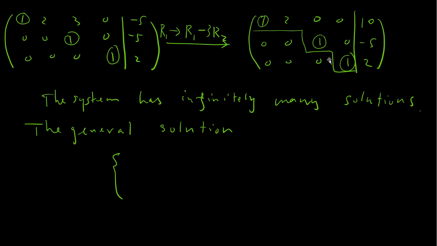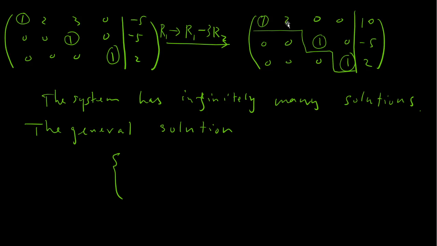I said that many times, but now we're going to use it here. I think you just told me column 2 is a column without a leading one. Column 2 corresponds to the unknown x2. So that makes sense? The first equation is going to be x1 plus 2x2. Each column determines an unknown, right?